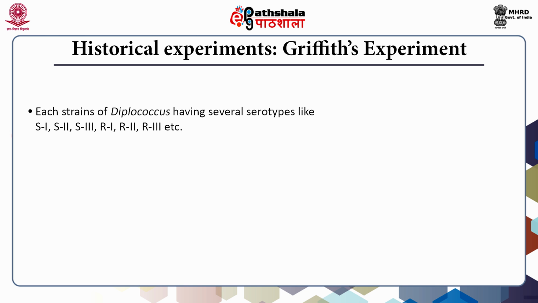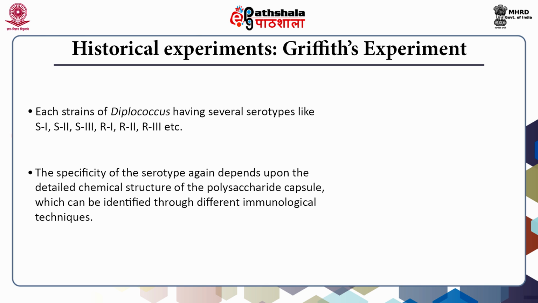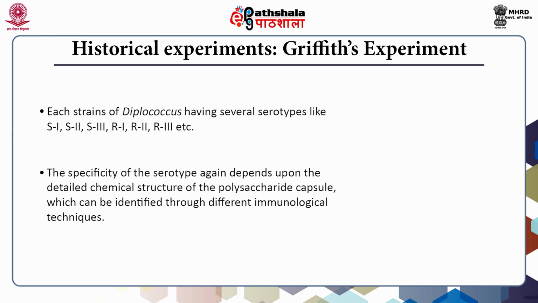Each strain of Diplococcus has several serotypes like S1, S2, S3, R1, R2, R3, etc. The specificity of serotype again depends on the detailed chemical structure of the polysaccharide capsule, which can be identified through different immunological techniques.